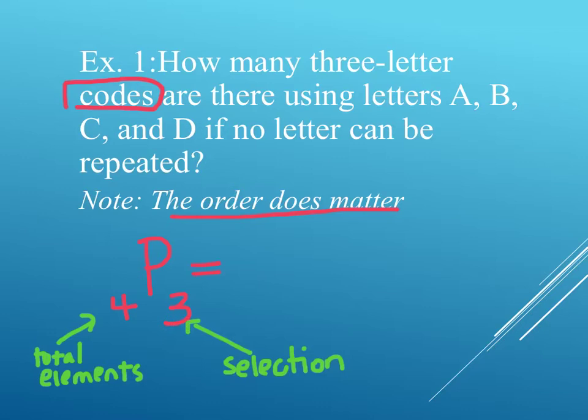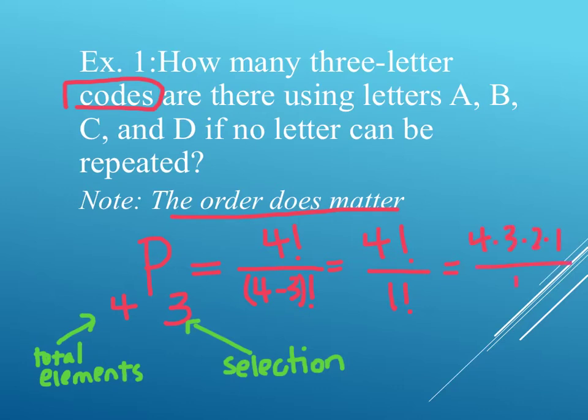So that equals n factorial, so 4 factorial divided by n minus R factorial, so 4 minus 3 factorial. And so that gives me 4 factorial divided by 1 factorial, which is just 4 times 3 times 2 times 1 over 1.